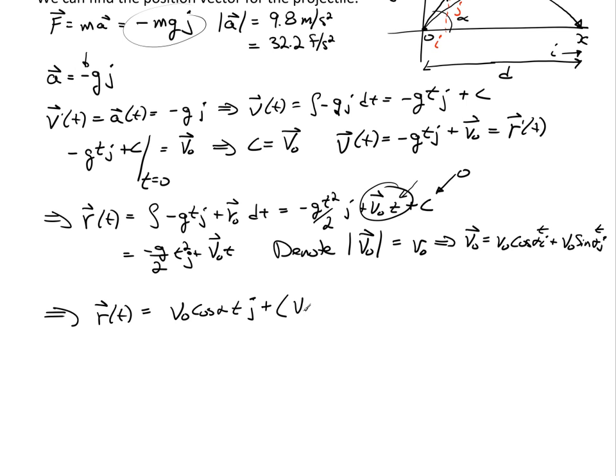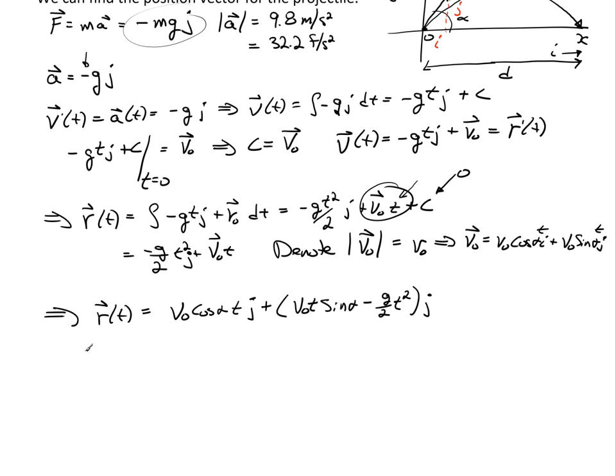That's going to be v naught t sine of alpha minus g over 2 t squared j.